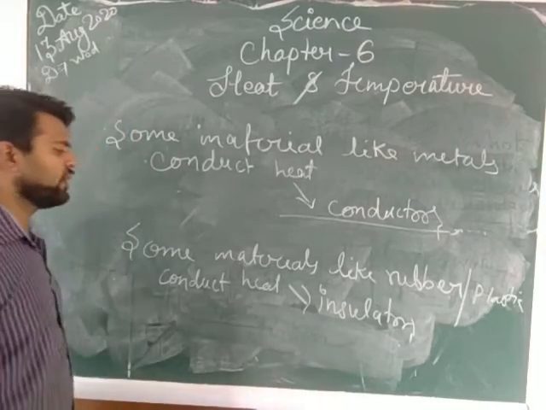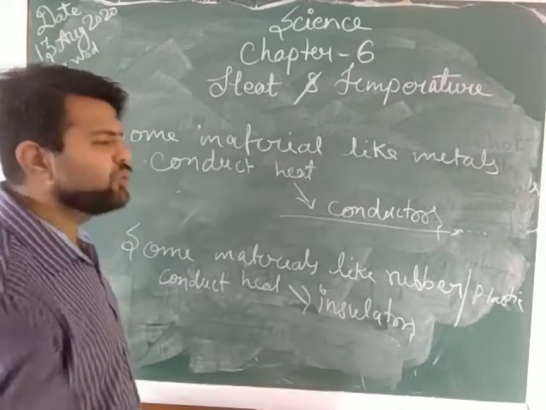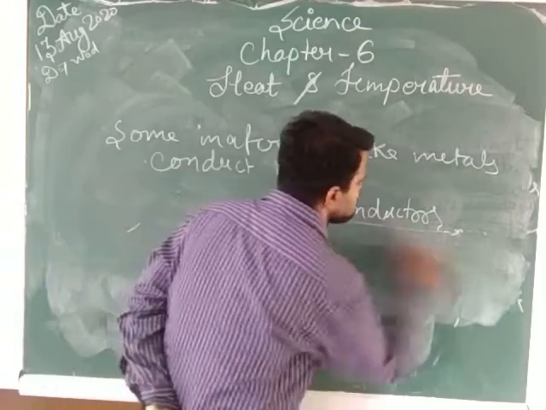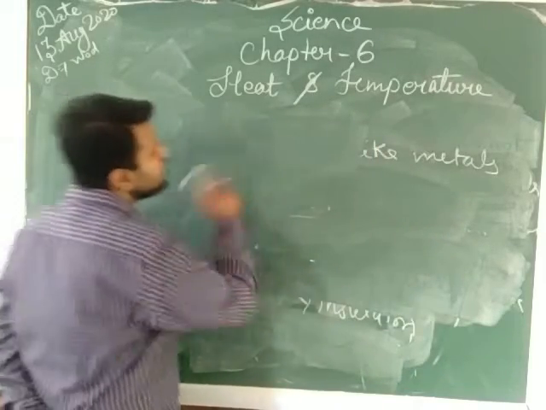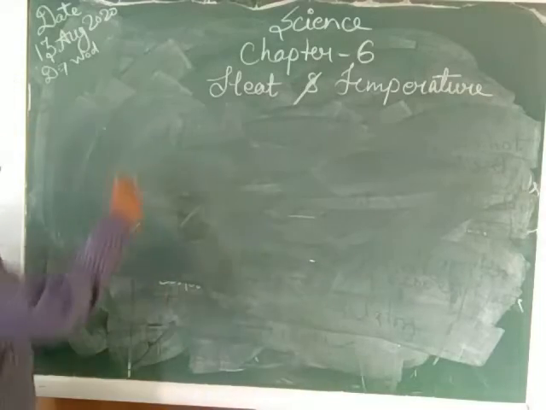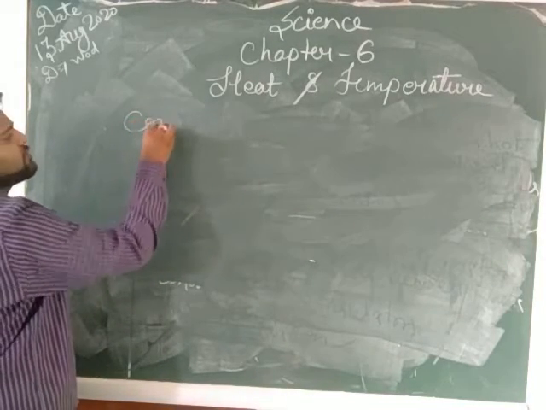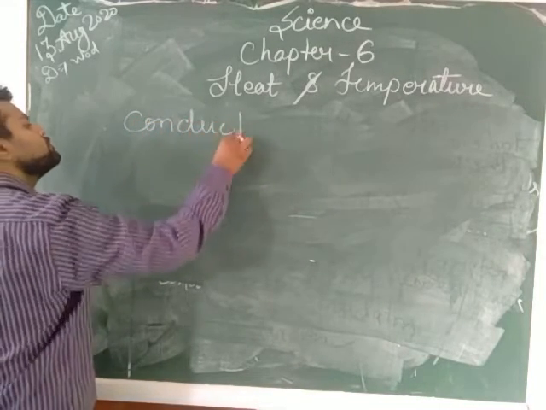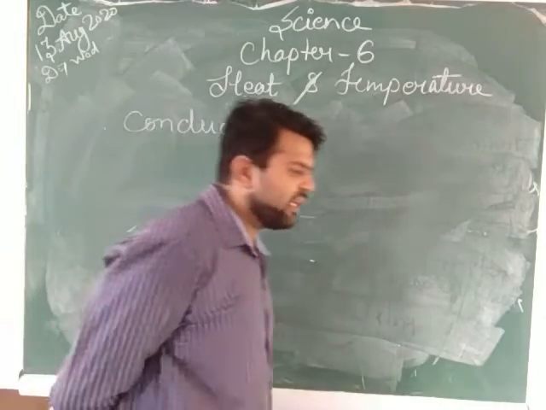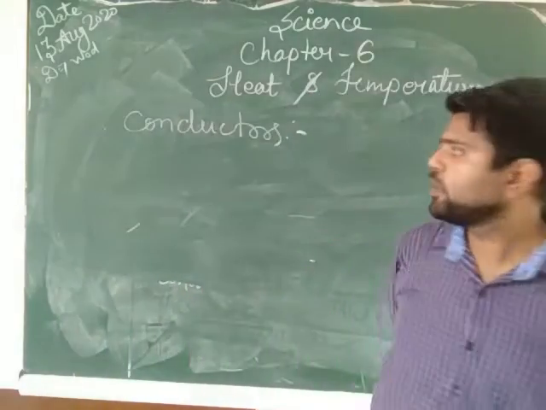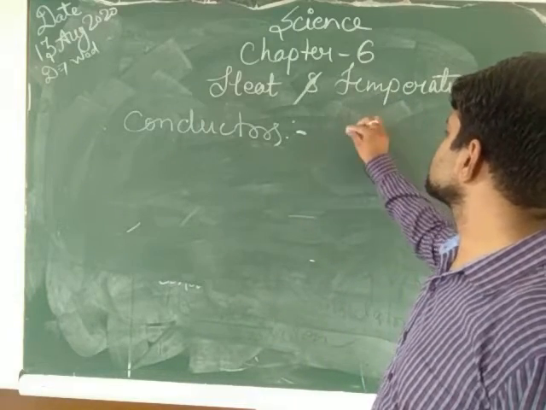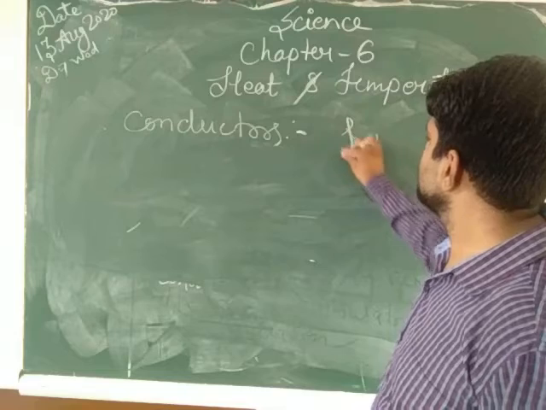Got this? Okay, next. What is the use of these conductors and insulators? We will see one use of each. One use of a conductor in everyday life is for cooking.